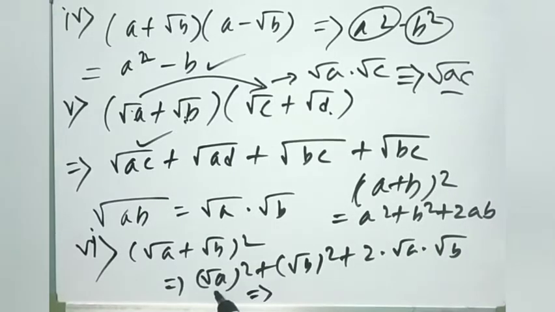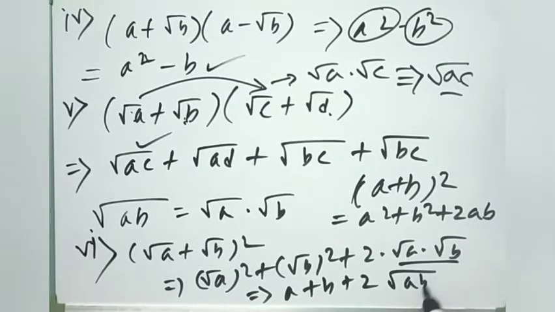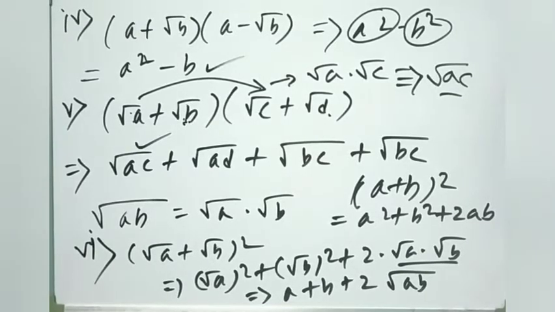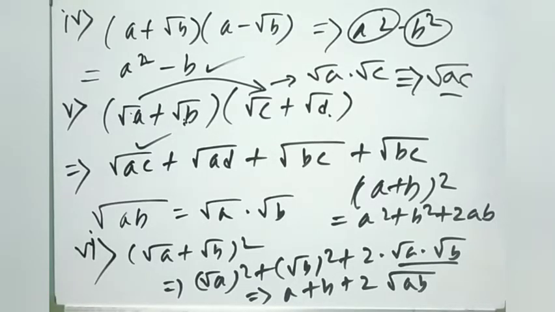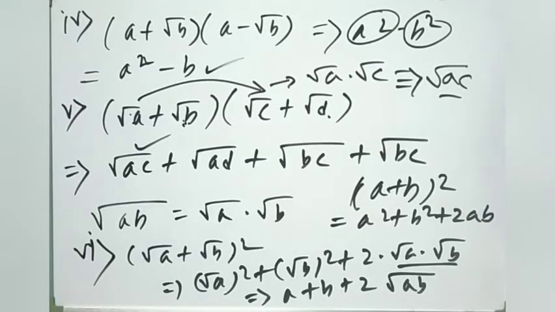We know that root a square equals a, plus b, plus 2, and we can write this part as root ab. So these are a few important derivations you can remember, and with the help of these formulas you will be able to simplify the questions which will be asked in the examination.